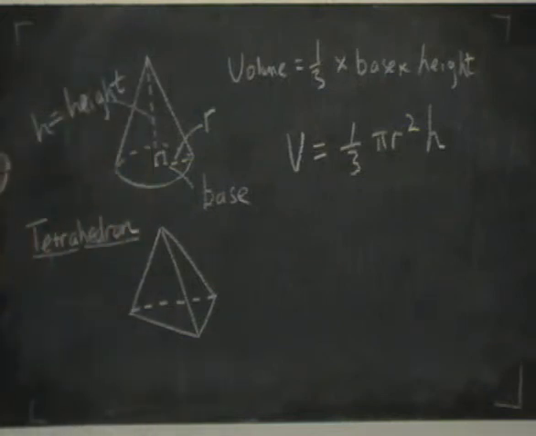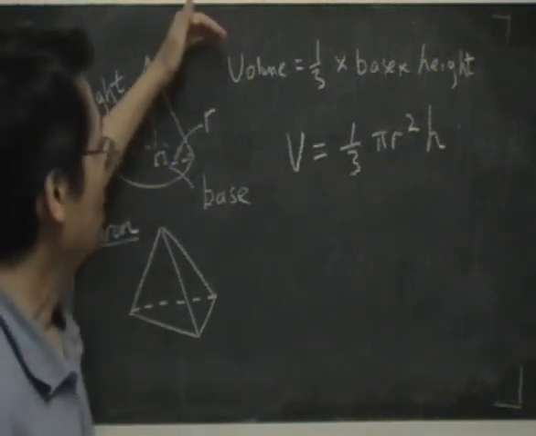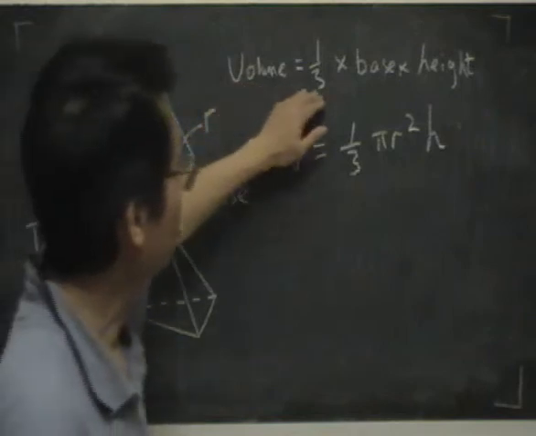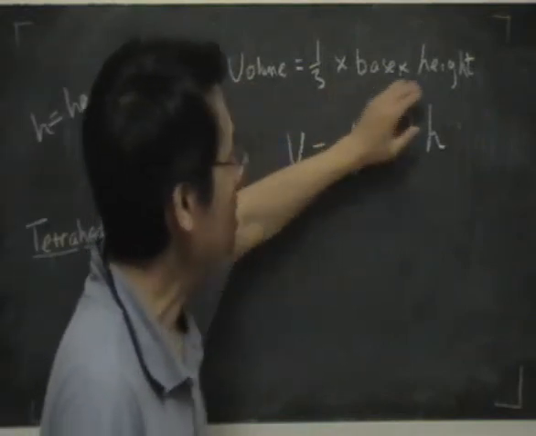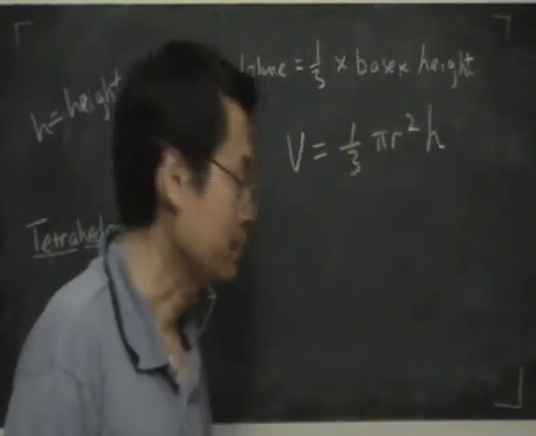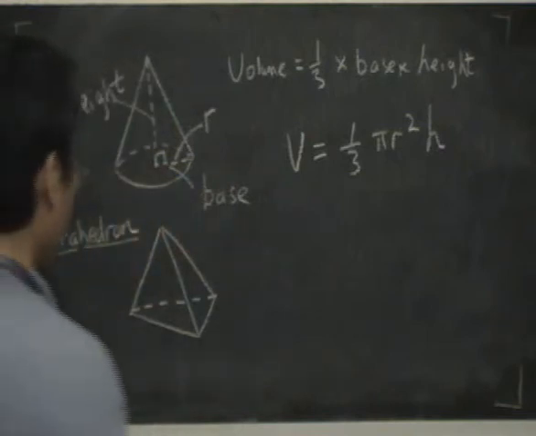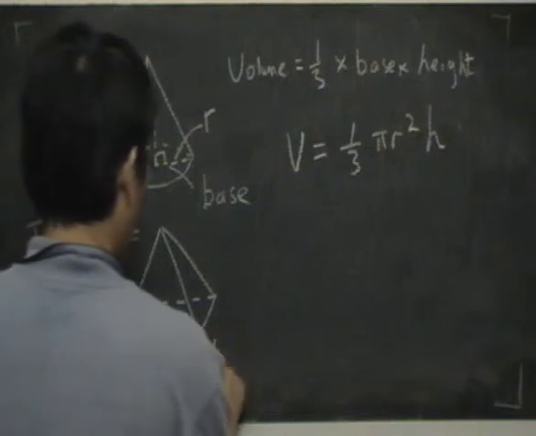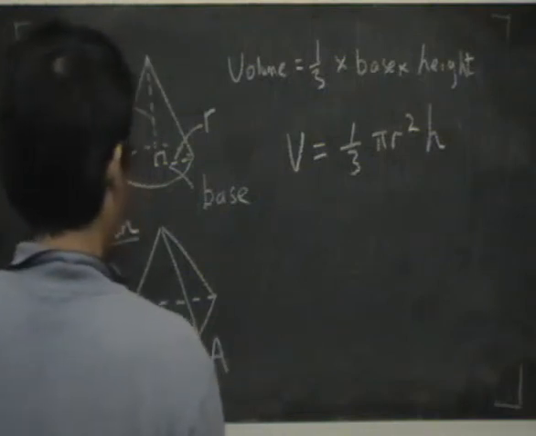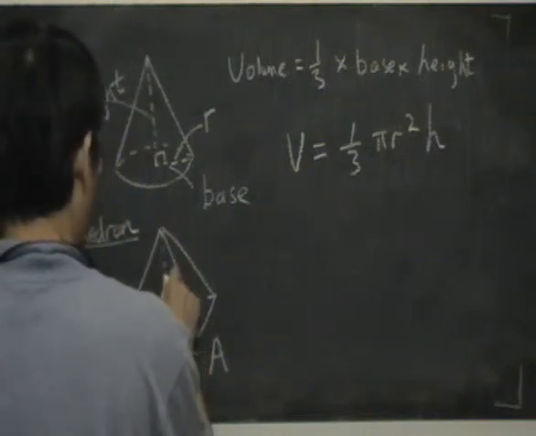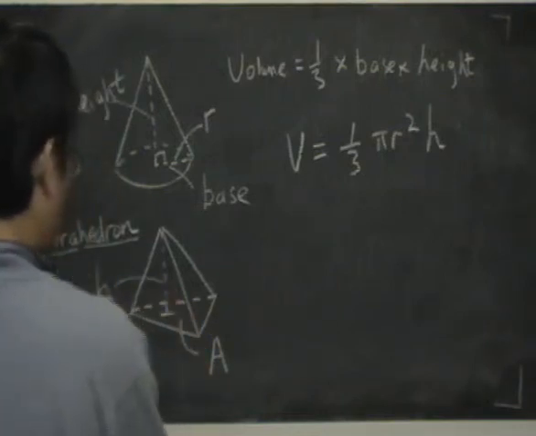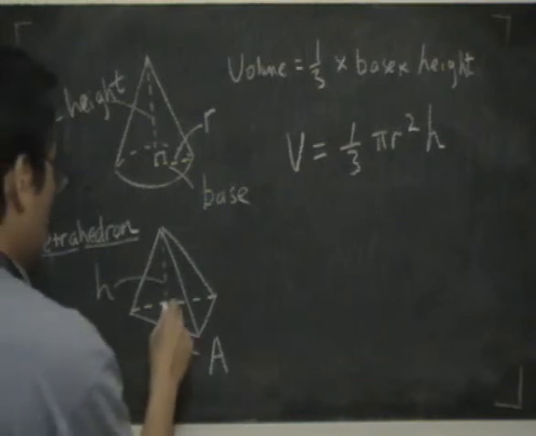So as I said just now, you can use this same word formula. Volume equals 1/3 base times height. So the base here will be this one. Now let me call the area A, and let me call the height H. Okay.